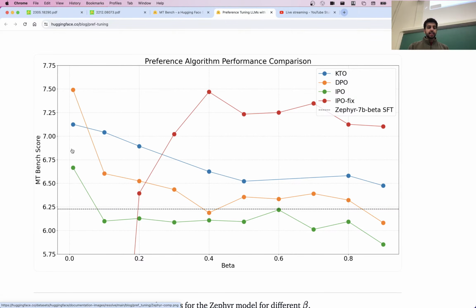If your loss term is dominated by the beta, then it's likely that the model is not learning too much from the actual preference judgments themselves. We also see some of these other strategies. I don't know what is happening with IPO. It's off the chart for low values of beta, but seems to work better at other values.